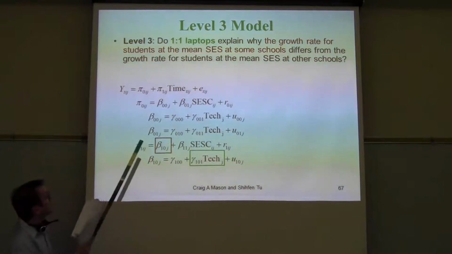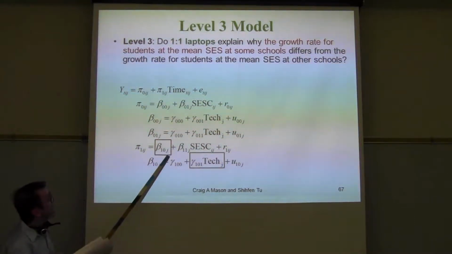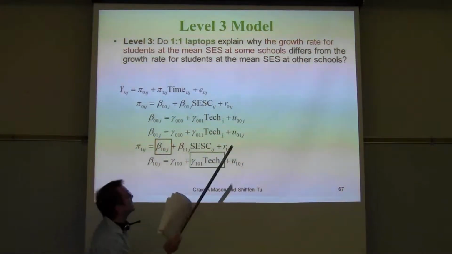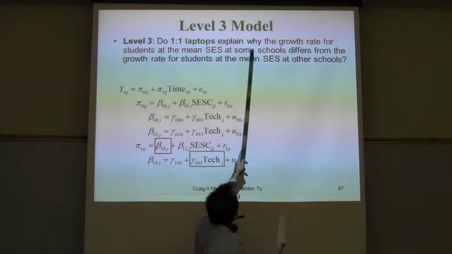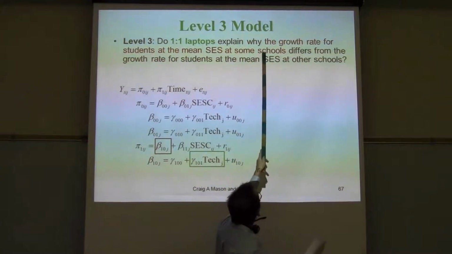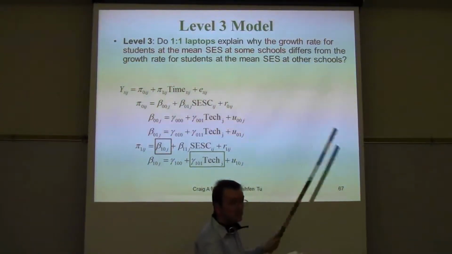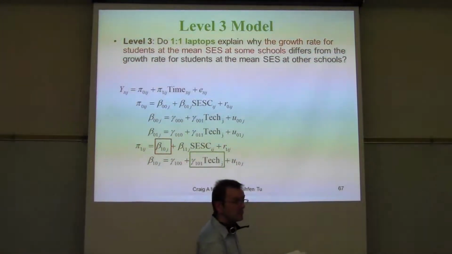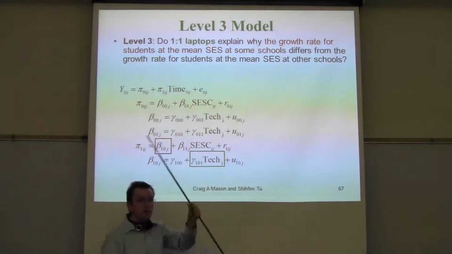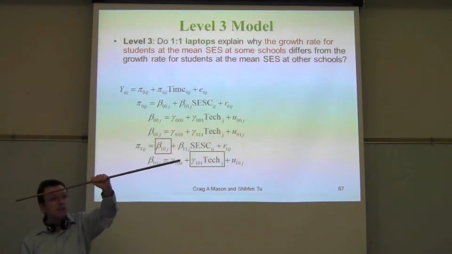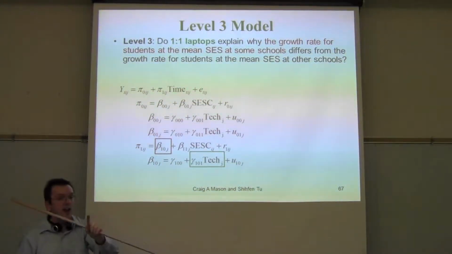So we have to go back and say, okay, what was beta 10J? And I flipped through my slides because, God help me, I can't remember what it is. And I say, oh, that was the beta 10J was the growth rate for students at the mean SES. So that's that average growth rate for the average kid at the school.